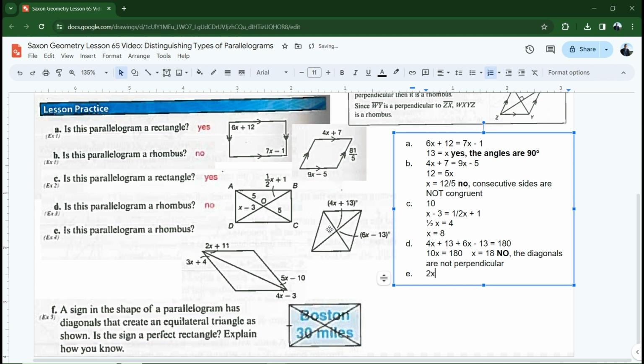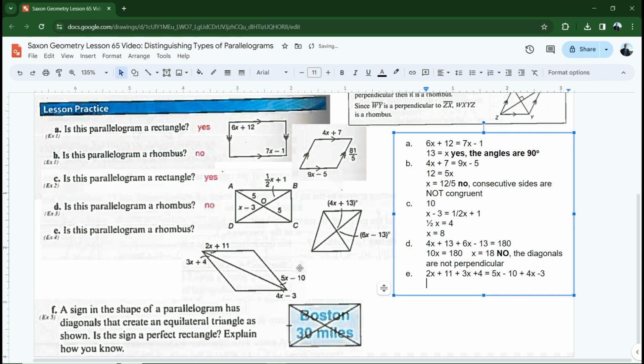So if I add up 2x plus 11 plus 3x plus 4, that has to equal 5x minus 10 plus 4x minus 3. This plus this has to equal this plus this because this angle has to equal this angle.